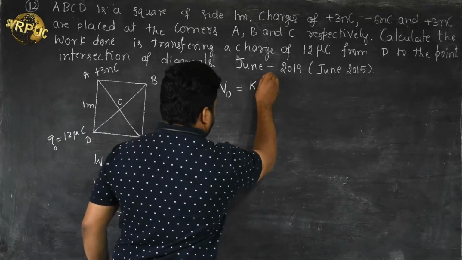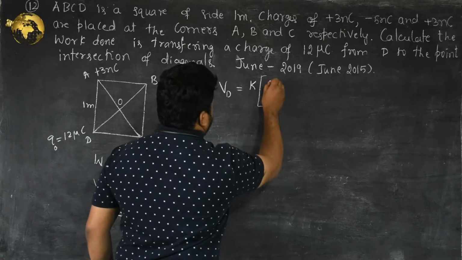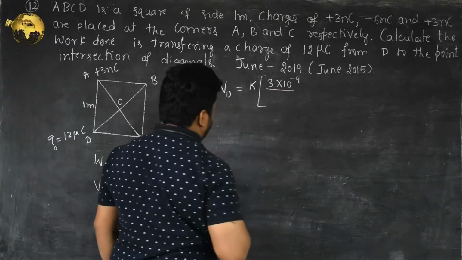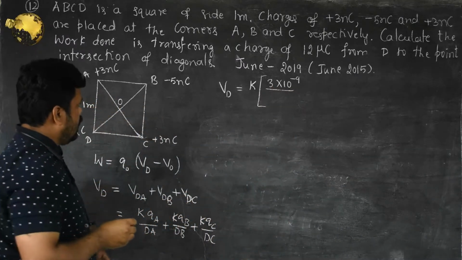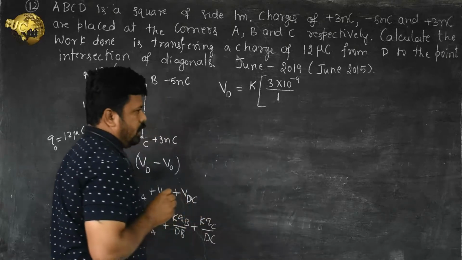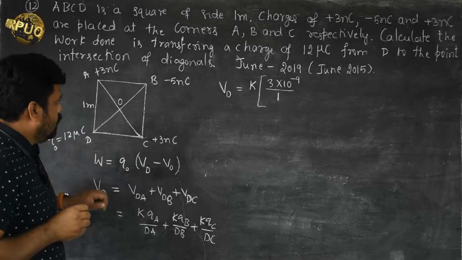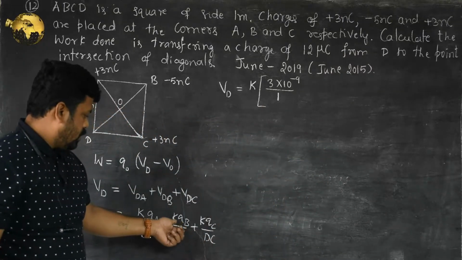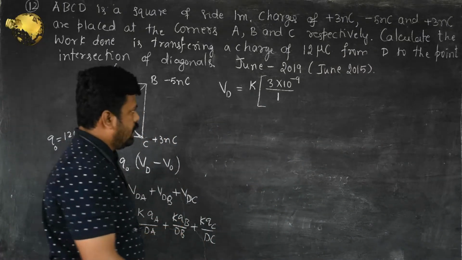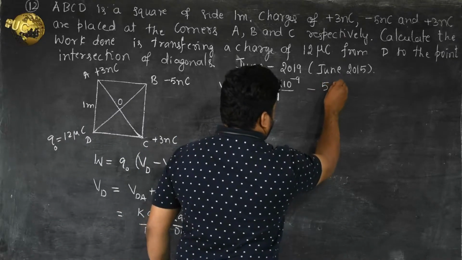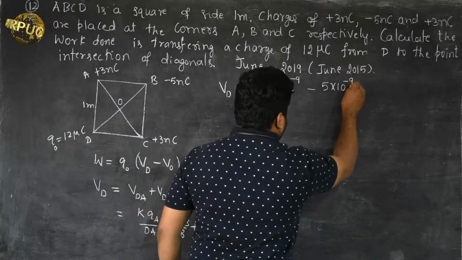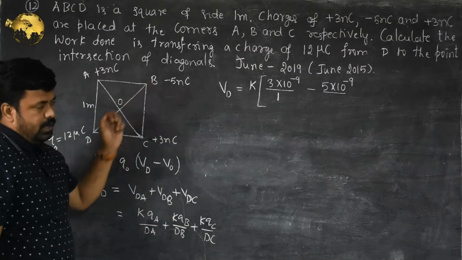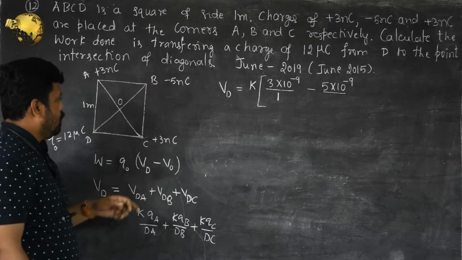Then I am left with QA, that is plus 3 into 10 to the power minus 9, that is nanocoulomb, divided by dA. dA is 1 meter. Next, since it is minus QB, minus 5 into 10 to the power minus 9 whole divided by dB, that's the diagonal. So let's calculate the diagonal value.